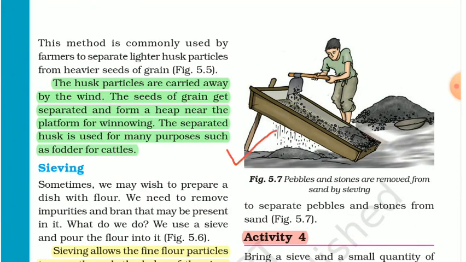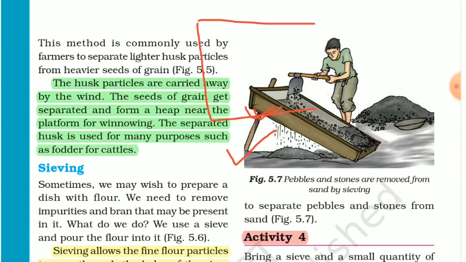As the sand has larger pebbles and stones in it, this person is separating the pebbles and stones from the sand with the help of this sieve. It is known as what? It is a sieve.